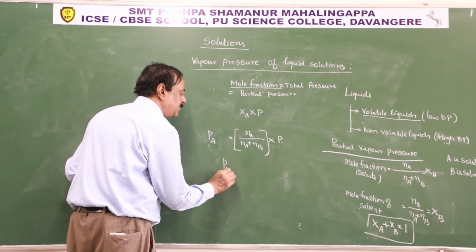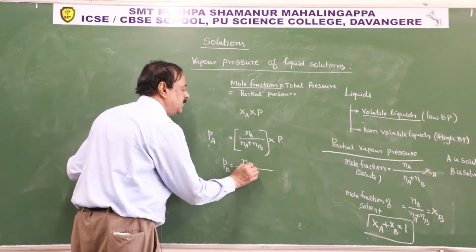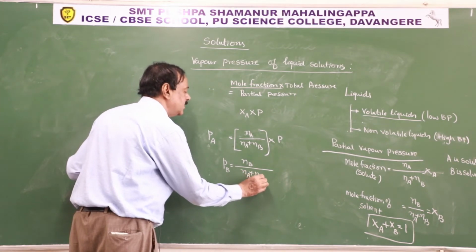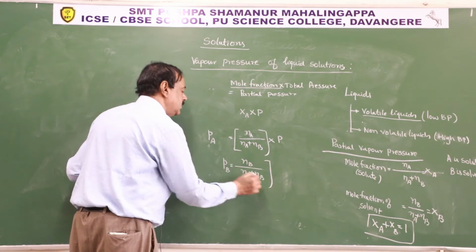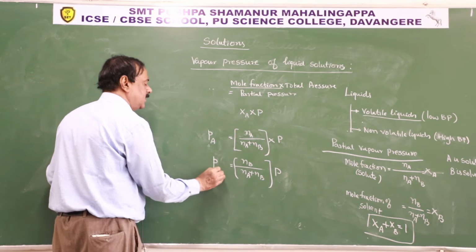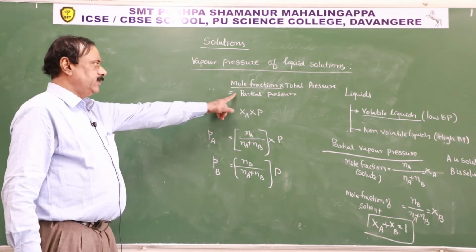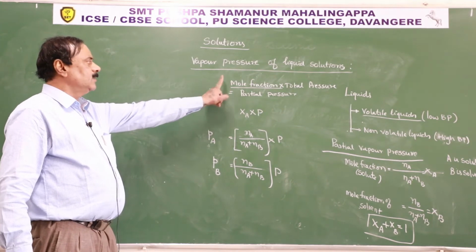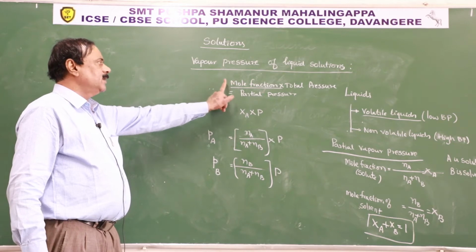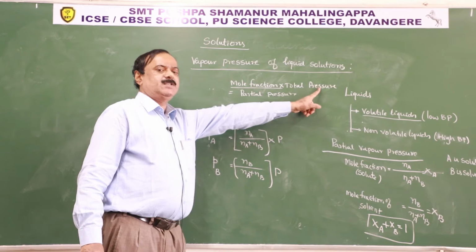Partial pressure of the component B is given by the mole fraction of component B, that is Nb divided by Na plus Nb, into the total pressure of the system, that is P. Therefore, that is called the partial pressure of B. Very important, this is the formula: partial pressure is given by the product of the mole fraction and the total pressure of the system.